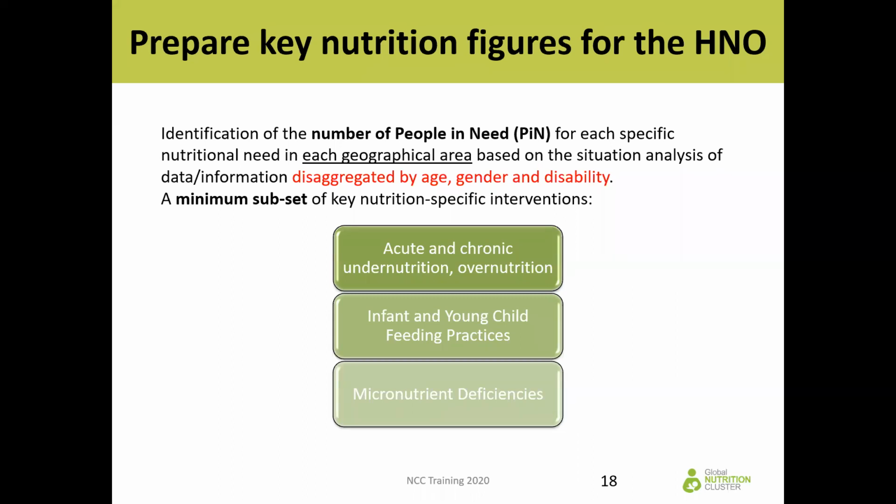So once again, for nutritional needs, remember that for nutrition, the HNO already serves as a projection, as are malnutrition outcomes. The majority of them are already based on an estimated incidence of people that need the specific service. So that's also quite unique compared to other sectors at hand.